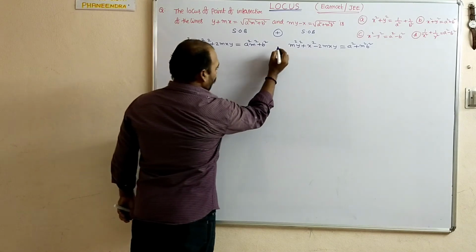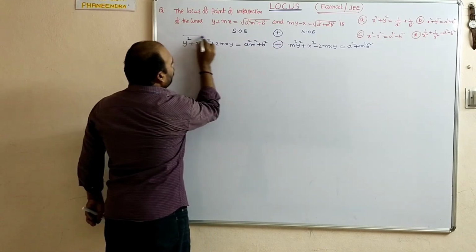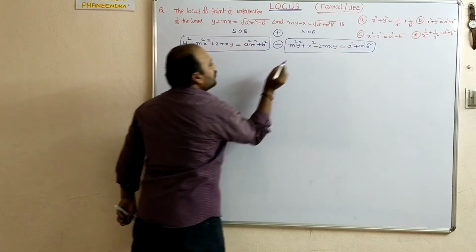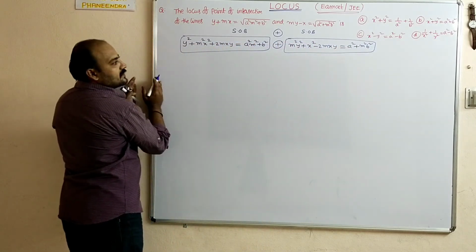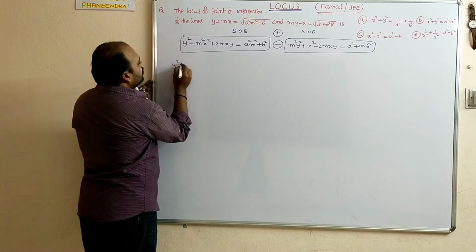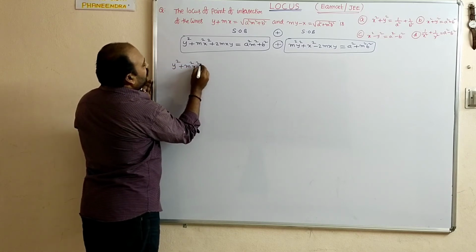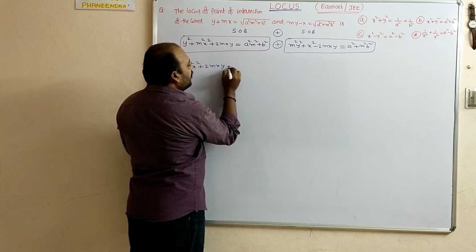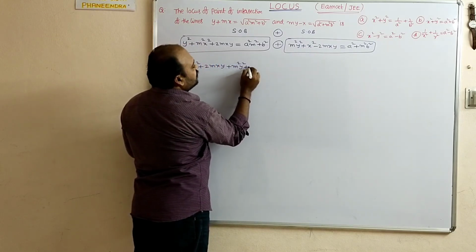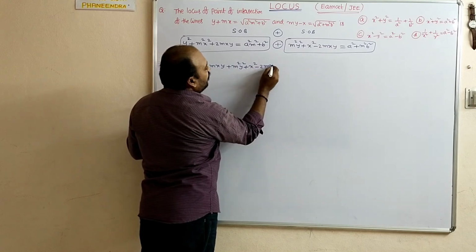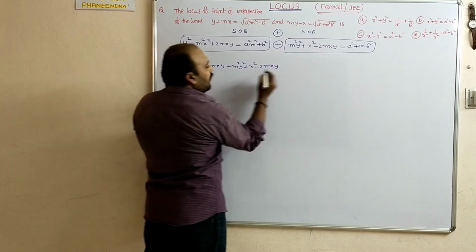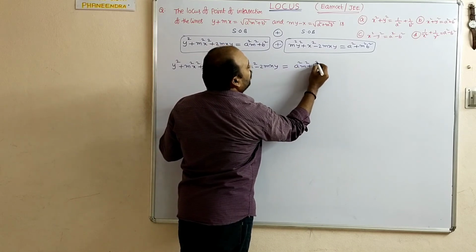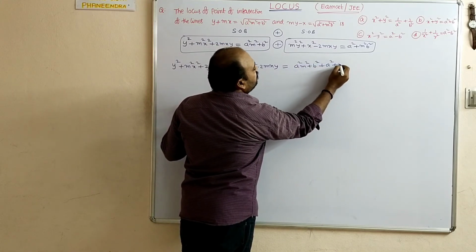So we are adding these two equations. You have to add the LHS as well as the RHS. First the LHS: y square plus m square x square plus 2mxy, and the other LHS: m square y square plus x square minus 2mxy. The LHS we added is equal to the RHS: a square m square plus b square plus a square plus m square b square.